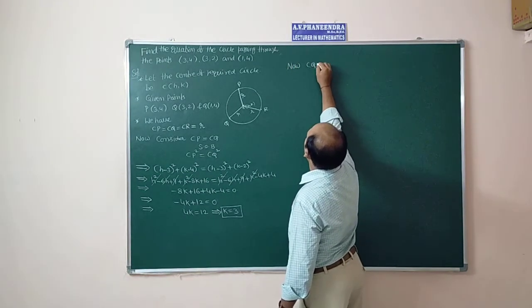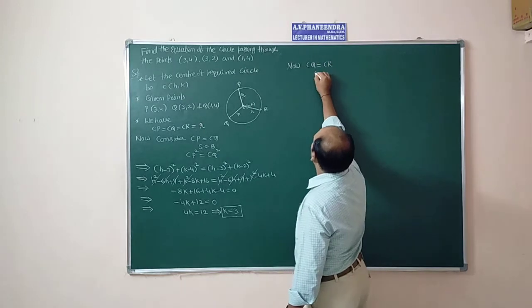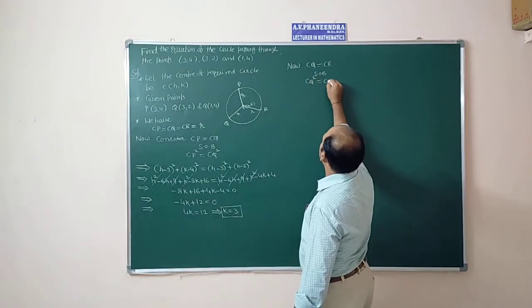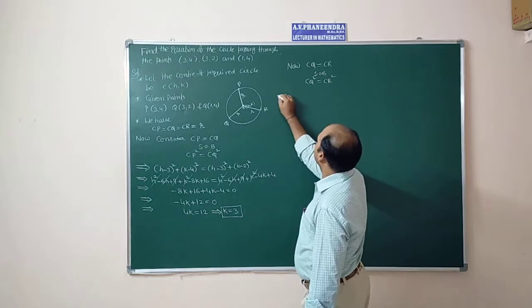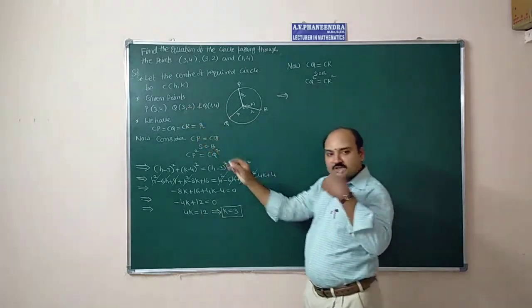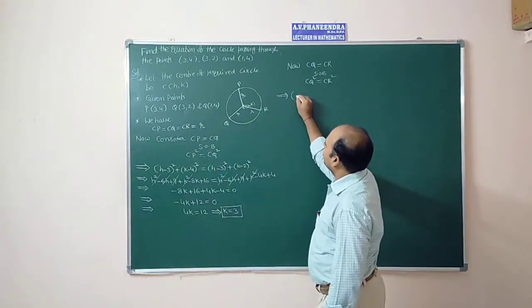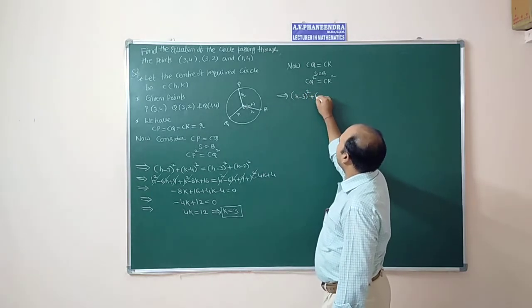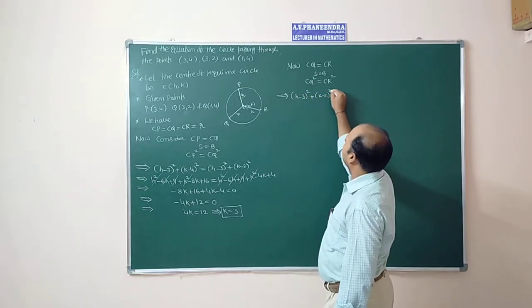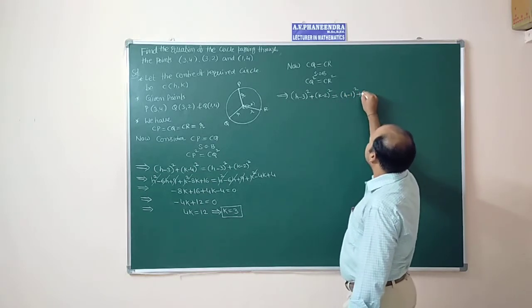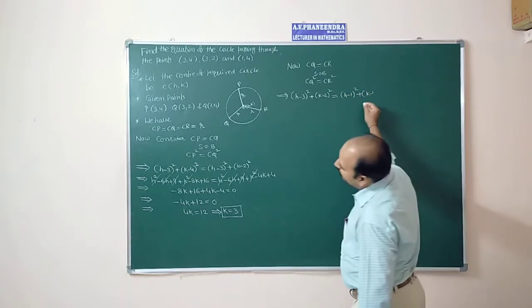CQ equal to CR, squaring on both sides, CQ square equal to CR square. That implies CQ square, distance between C point and Q point squared, without root you write. h minus 3 whole square plus k minus 2 whole square is equal to h minus 1 whole square plus k minus 4 whole square.